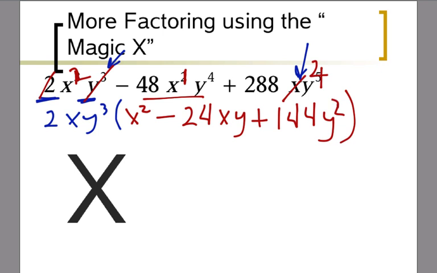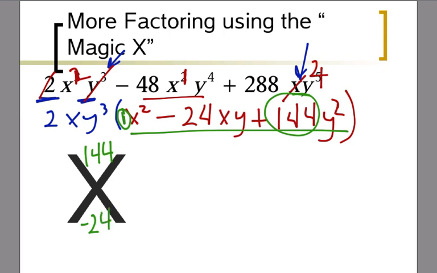Okay? So it looked like a harder problem at the beginning, but it turns into one that we've already done. So now I have to do magic x with the inside, this trinomial here, where the 1 is my a, the 144 is my c, so if I multiply 1 times 144, I get 144. And then on the bottom I get negative 24.